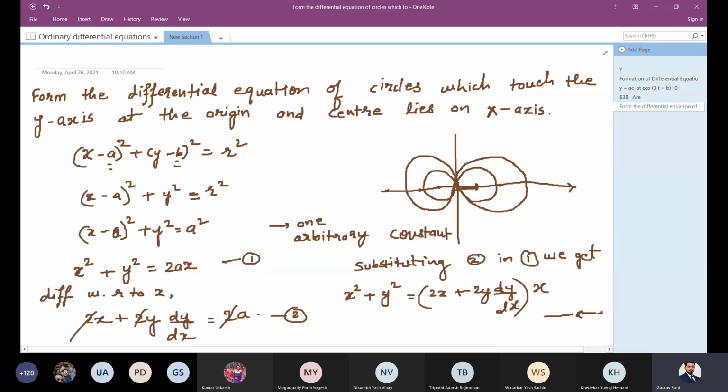This is the differential equation for this family of curves.